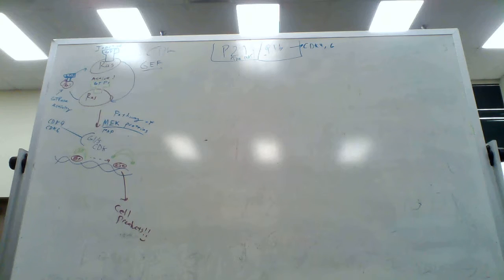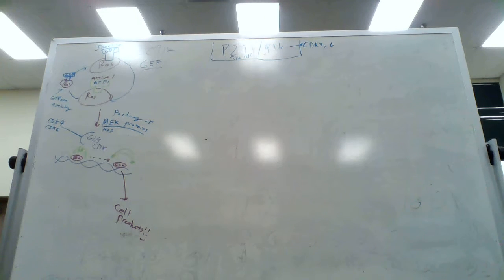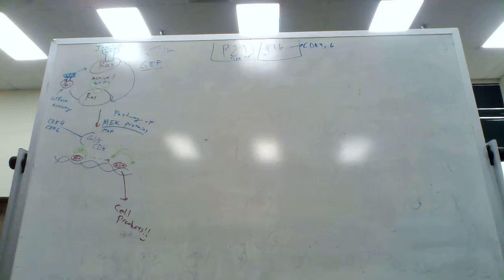Apoptosis is when it's going to chew up everything, so you're going to have a lot of lytic proteins activated, and P53 is the one that says whether or not that cell death happens. The terminator. Exactly.